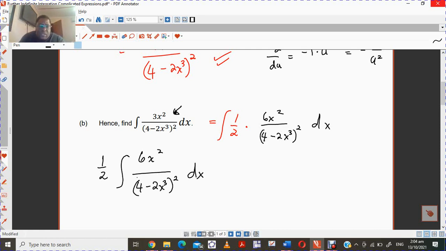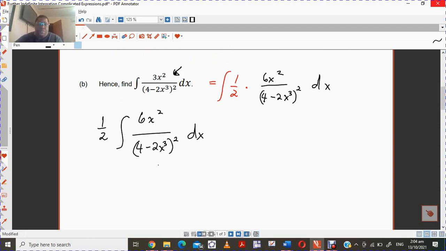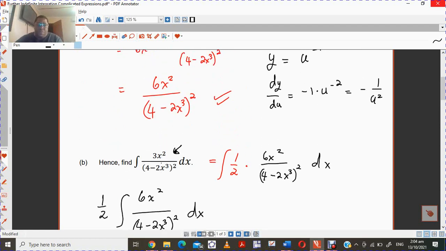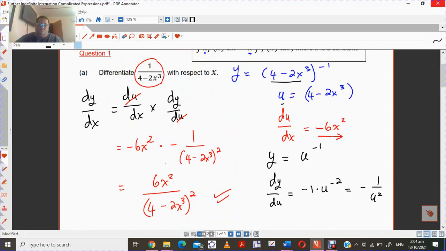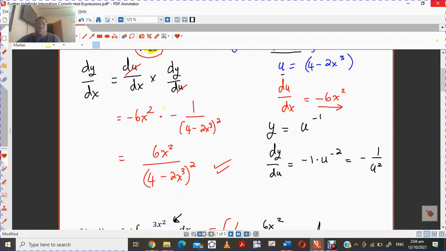But what is this 6x squared upon 4 minus 2x cubed all squared? What is that? Because that's the derivative. So what is the antiderivative of that? What is the function that, once it has been differentiated, you arrived at that? Well, that function happens to be nothing but the function that we are given, which was 1 over 4 minus 2x cubed.